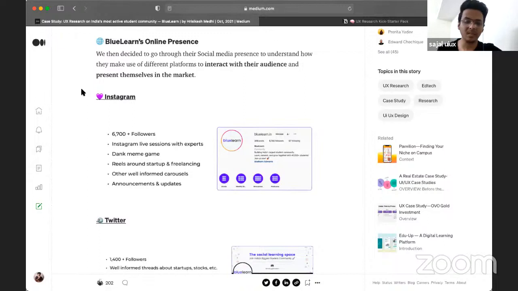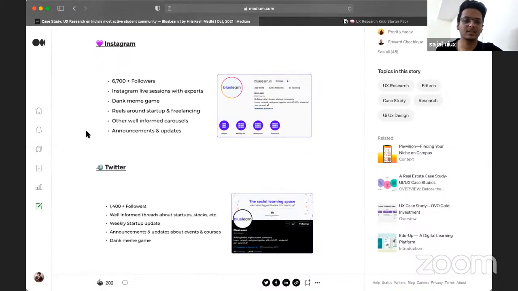So the next part we focused on was to go through their social media handles, and see what type of interaction they are doing with their audience, and what type of content they are putting out to engage with their audience.